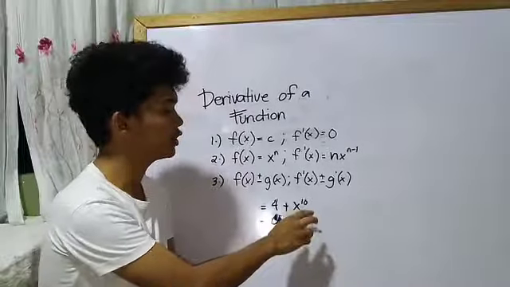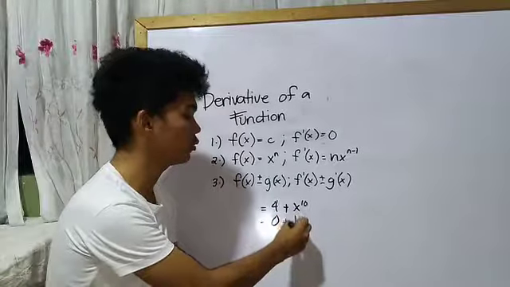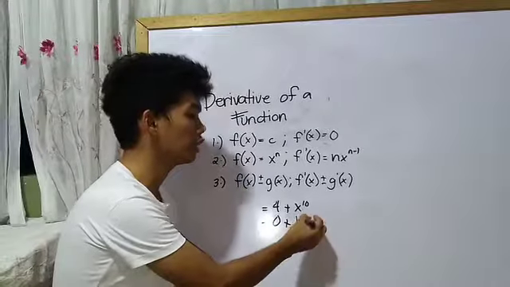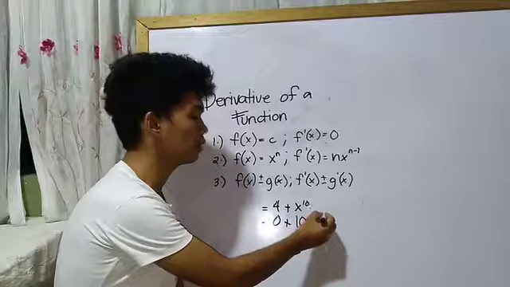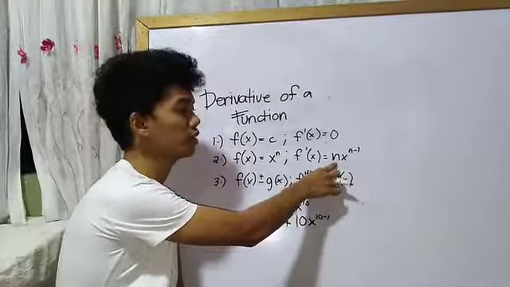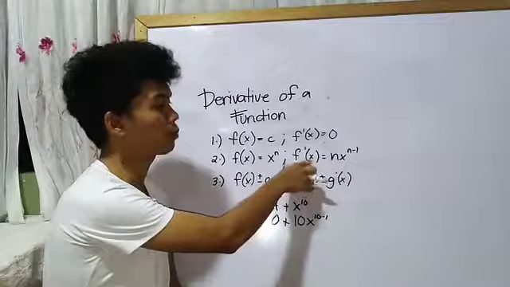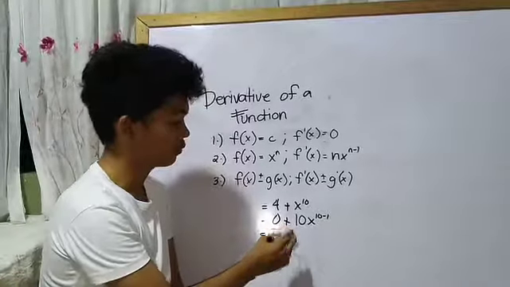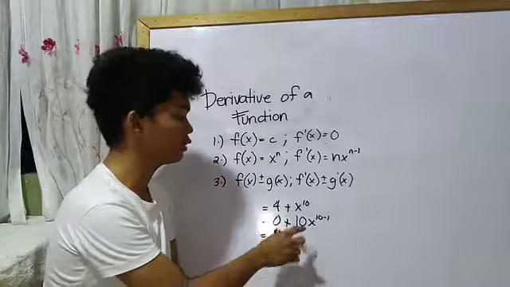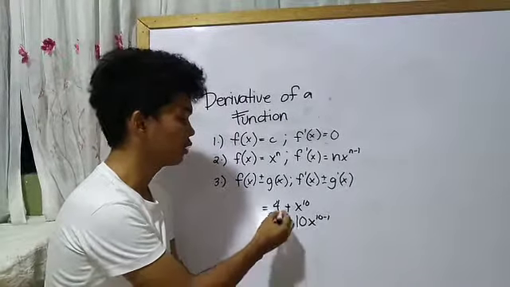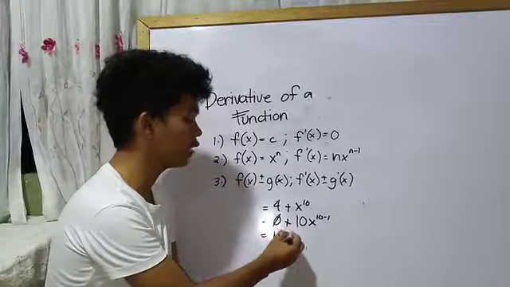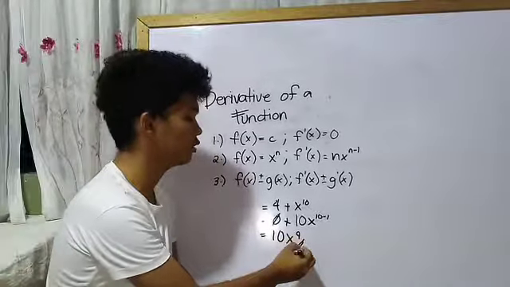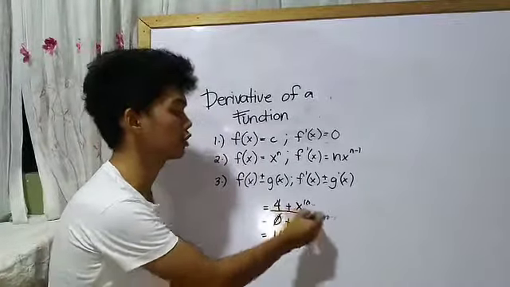The exponent of this function is 10, so we will now move that exponent to the front as a constant, copy x, and then 10 minus 1, as written in the formula of the second rule. So we can just simplify this function: we can just cancel 0, so 10x raised to 9. So this is the derivative of this function.